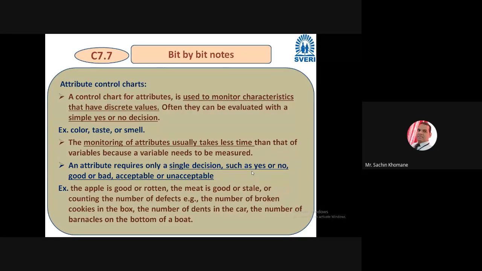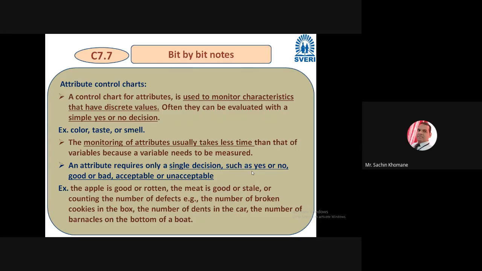In a variable control chart, it is used when things can be measured. But for example, color, taste, or smell, can you calculate? You will say whether the taste is good or bad, yes or no. Smell is coming, yes or no. Color is visible or not, right?